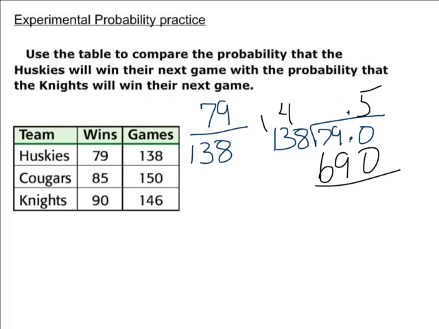Yeah, I got 690, so we have a remainder of 100. I'm going to add a 0. Let's see, 138 goes into 1,000. I'm going to try 7 times.